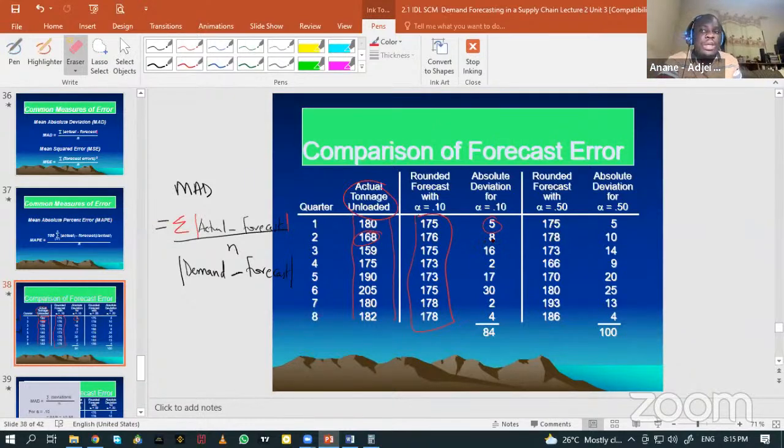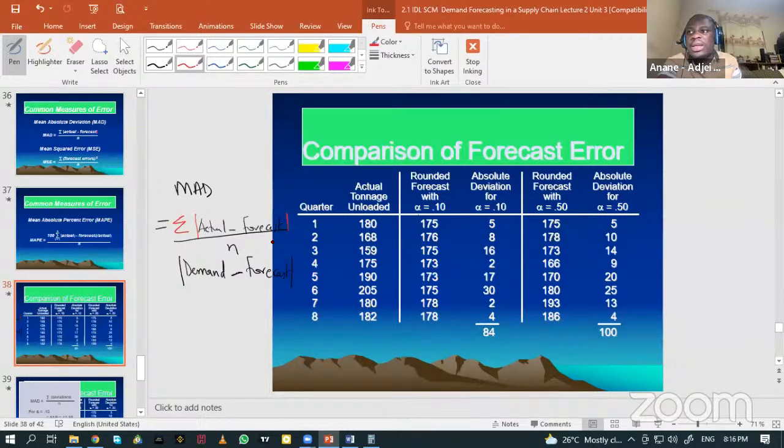That's the requirement of the formula. So 168 minus 176 was -8, but we maintain it as 8. 159 minus 175 should have been -16, but as the formula demands, we maintain it as 16. We subtract all these figures from this figure here.